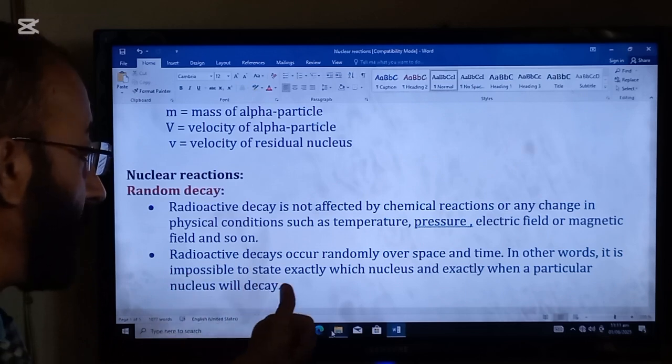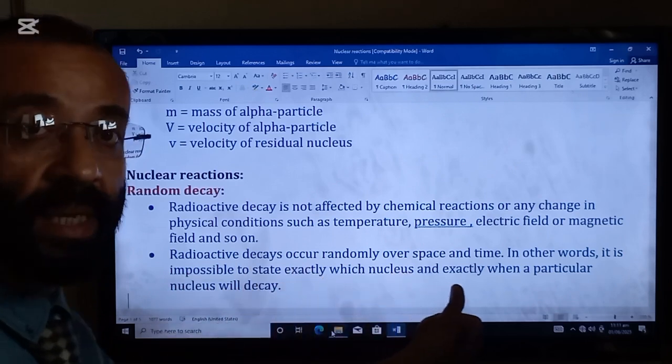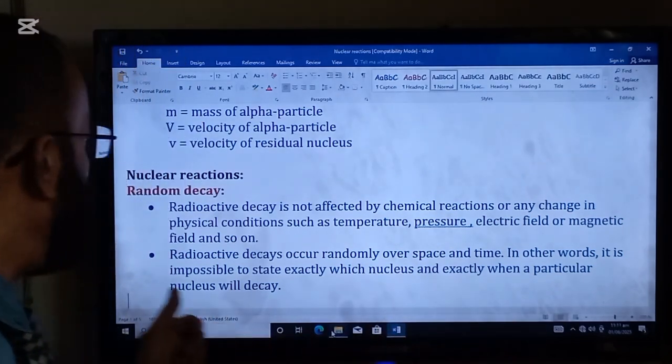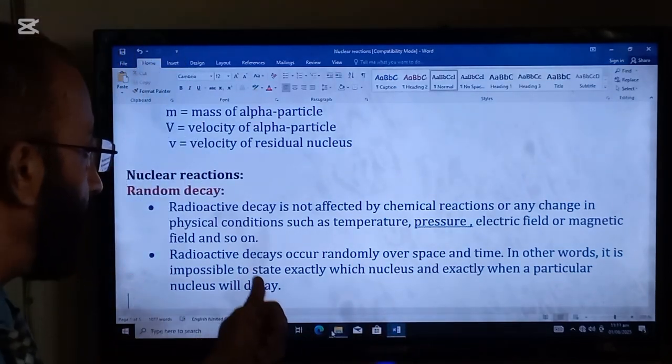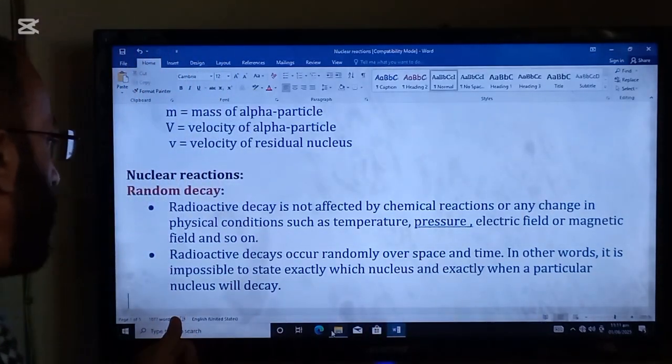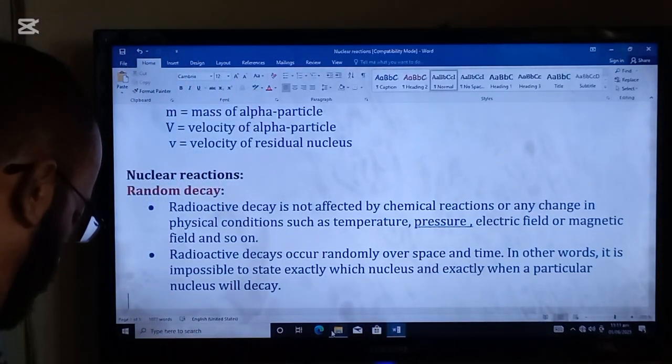Radioactive decay occurs randomly over space and time. In other words, it is impossible to state exactly which nucleus and exactly when a particular nucleus will decay.